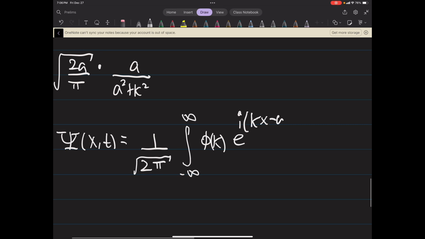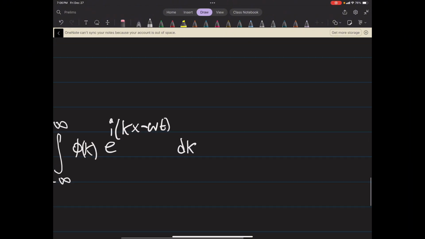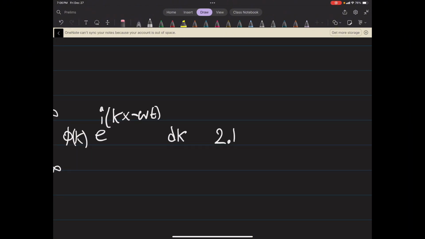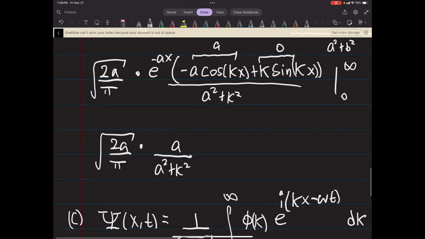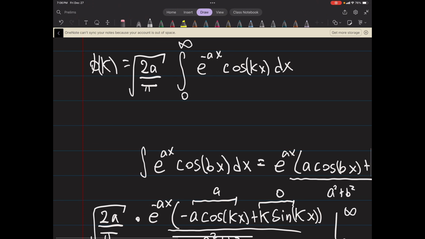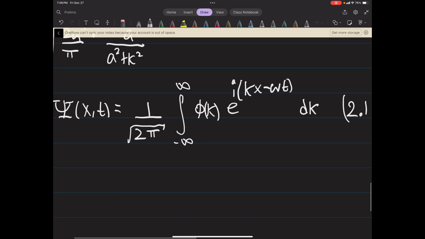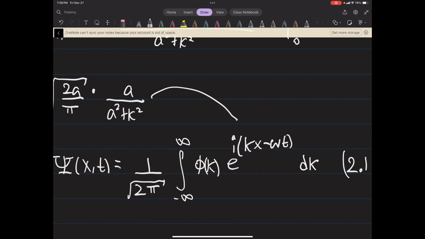We can go from momentum space to position space through these transformations, and this is equation 2.106, at least in my book of Griffiths. And honestly, it's pretty easy, because all that we really need to do is plug this into here, because we already found that.